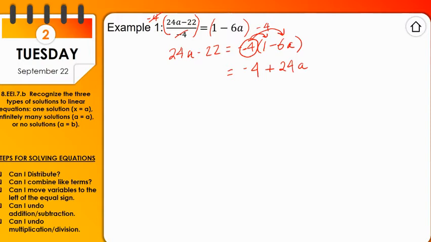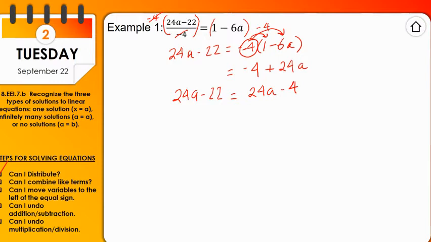So in this question, I want to rewrite just so that my variables are written first. So I have 24a minus 4, 24a minus 22. So I was able to distribute.